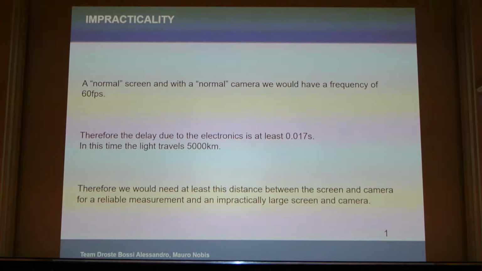In this time, light will travel nearly 5,000 kilometers. Therefore, we would need a screen in Lausanne or Milan and the camera in New York. It is a bit unpractical in a lab, and moreover we would need a huge screen and camera. Therefore, we had to think of another way.